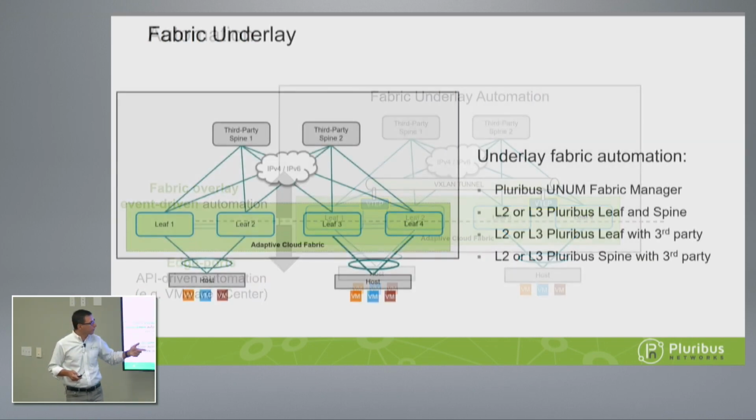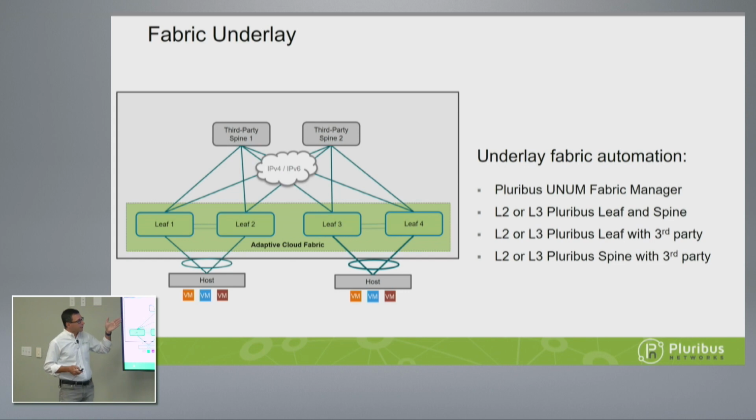Now let me actually look at these 3 types of automation. The underlay. So Steve alluded to this tool we built. It's a Fabric Manager, which we call UNUM, Pluribus UNUM Fabric Manager. This tool is actually pretty powerful in that it allows you to automate an infrastructure where it can be Pluribus leaf and Pluribus spine, third-party spine and Pluribus leaf, Pluribus spine and third-party leaf with layer 2 and layer 3 protocols, at least the major ones, right?